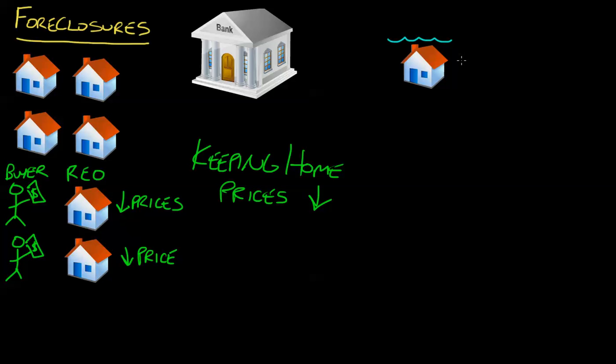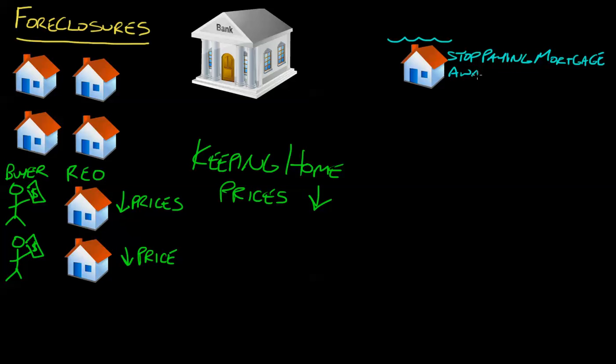And they may get to this point where they don't see any light at the end of the tunnel. Maybe they don't feel like their home will ever be worth what they owe on it, and they make the decision to stop making their payments, to stop paying their mortgages. At this point, they're willing to accept foreclosure.